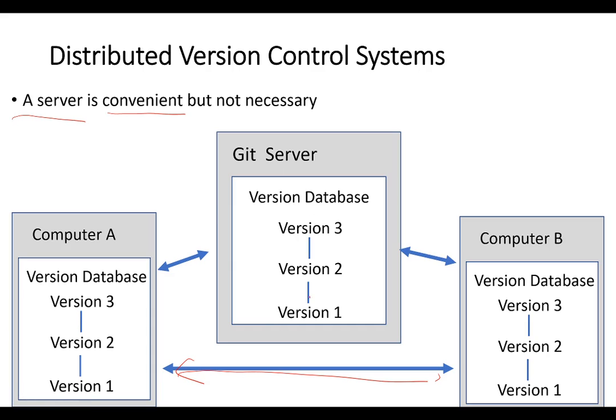With a server, computers behind the firewall or behind the internet can connect to the public server to get the latest version of the project, and they can push back their changes to the server, so the other people can see these changes.